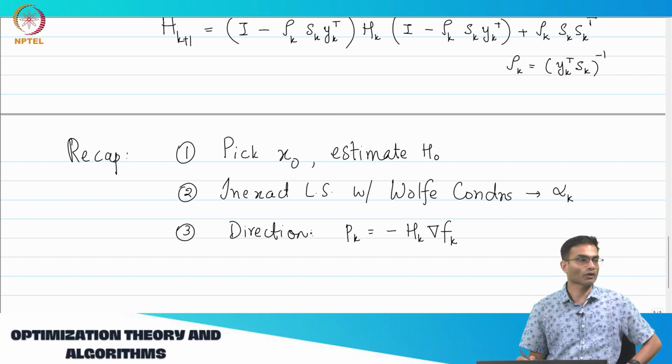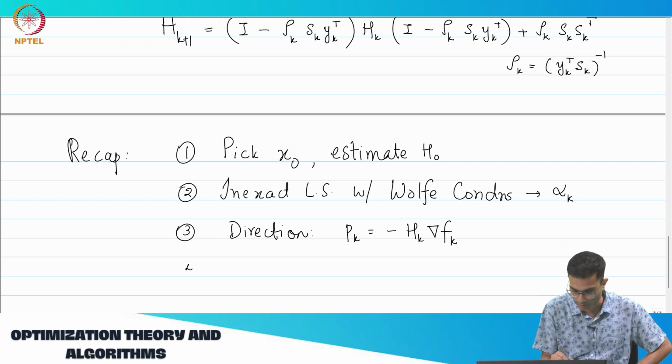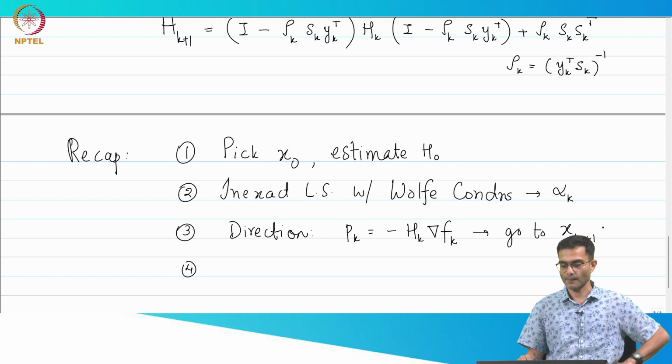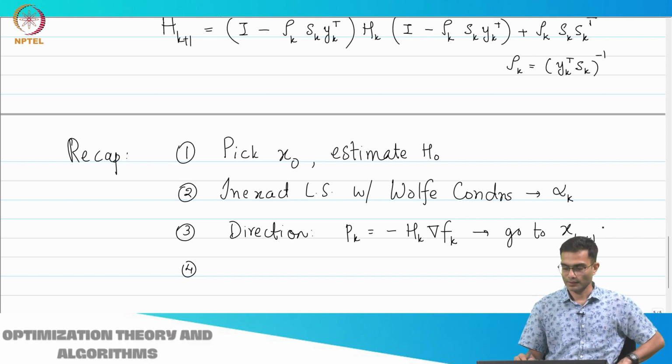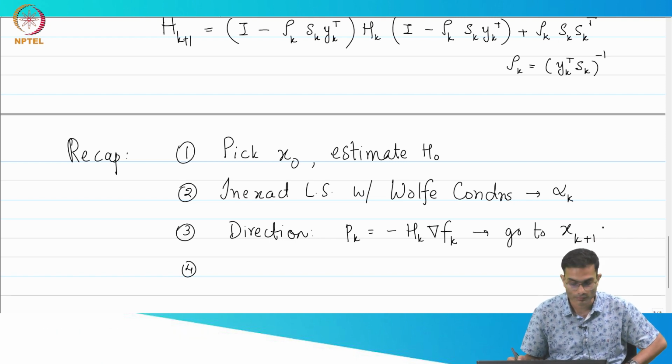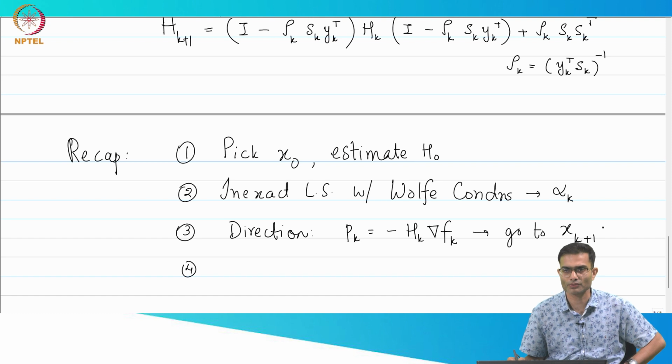Okay. So this will allow me to go to xk plus 1, right. What should I do next? Okay, before I do that, should I do something else?